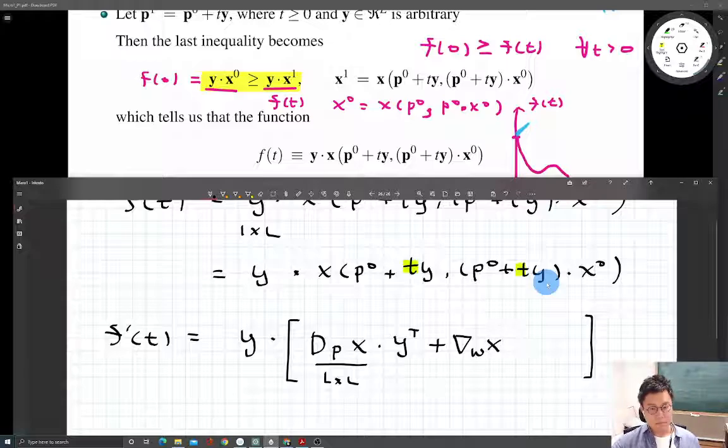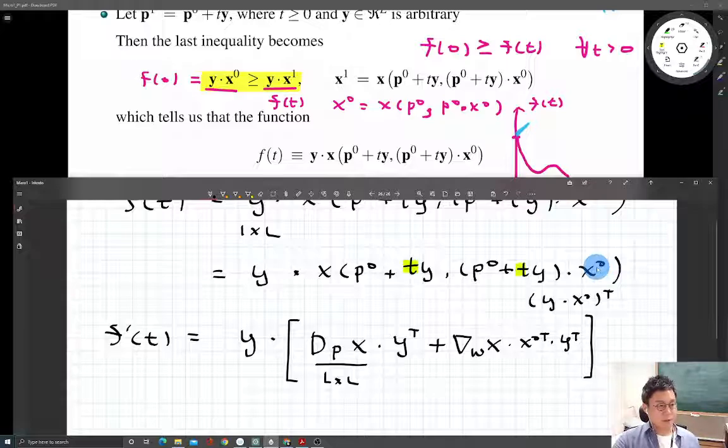And by the chain rule, we now multiply by y times x0. But we take the transpose. So y times x0 transpose gives me x0 transpose times y transpose.